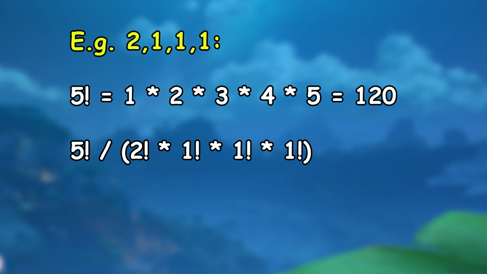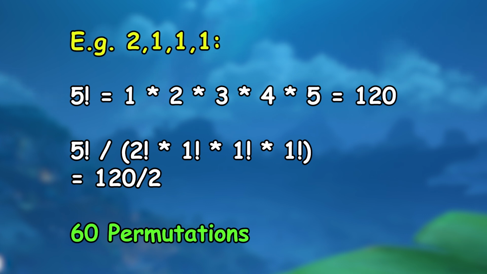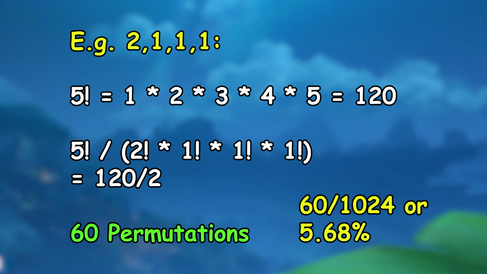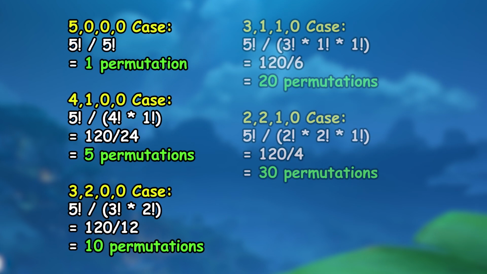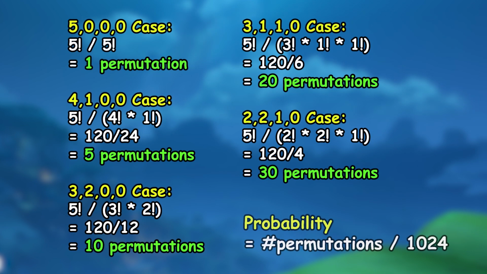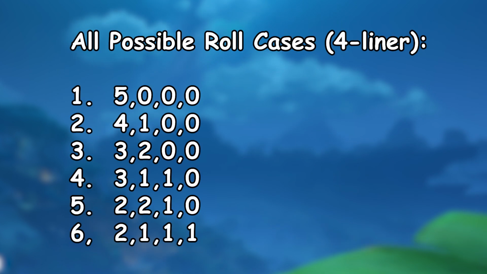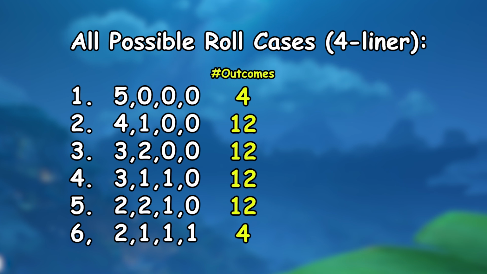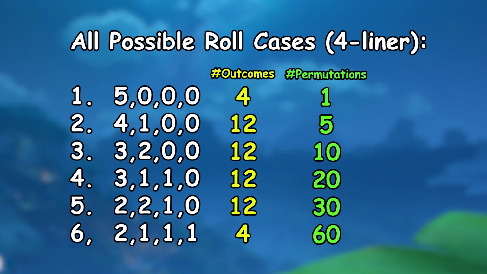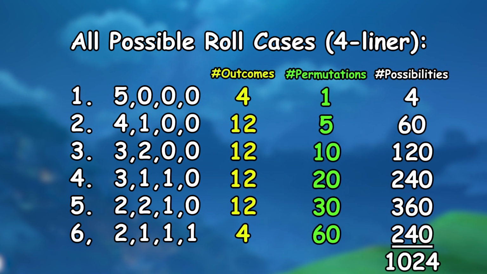So, for the last case, the number of permutations would be 60, which will be the most common outcome at 5.86%. We can repeat this calculation for the different cases where the probability would be the number of permutations divided by 1,024. If we multiply the number of outcomes for each case with the number of permutations, we can verify that all 1,024 possibilities are accounted for.